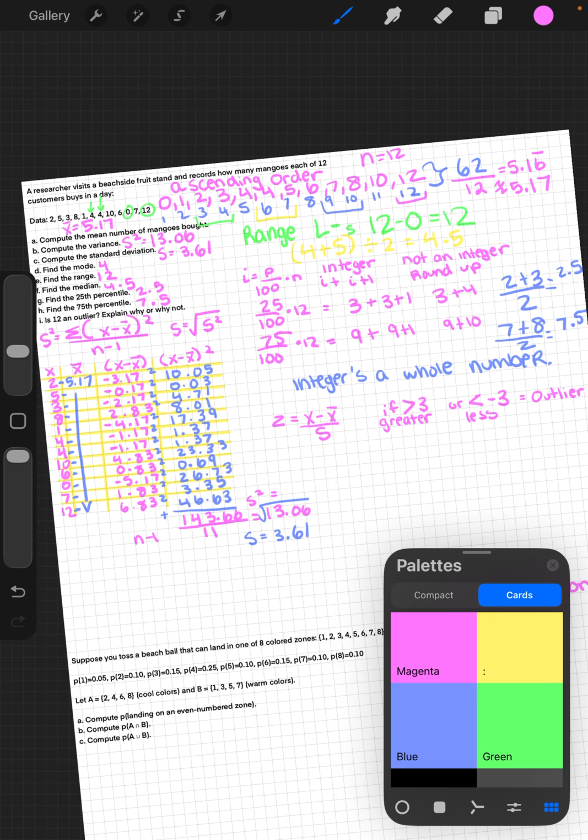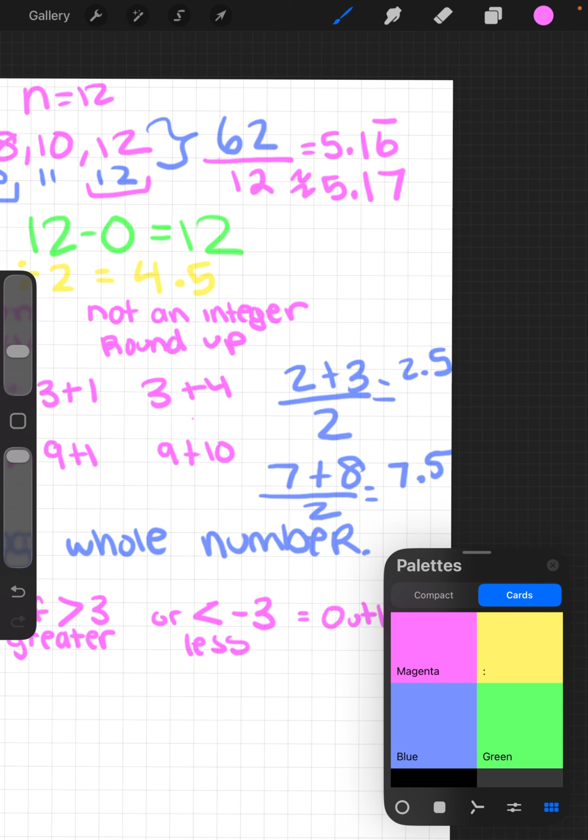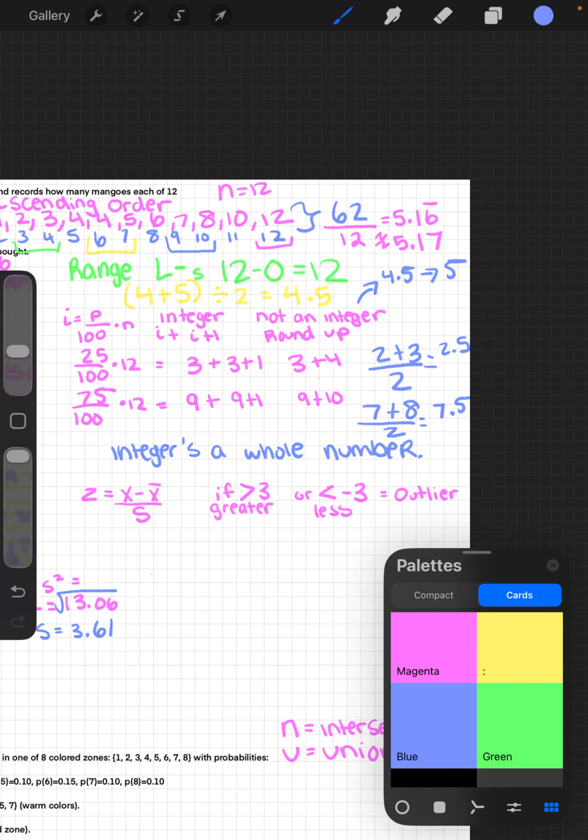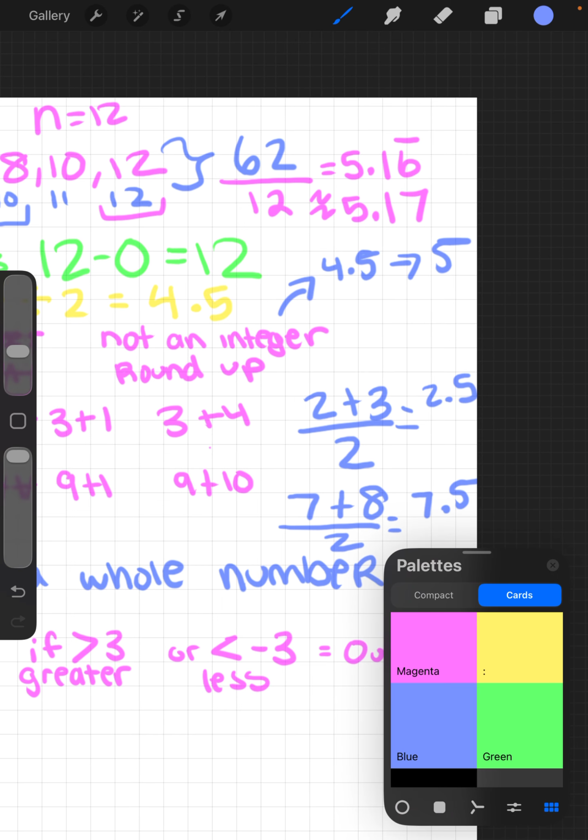And if it wasn't a whole number, not an integer, so let's do a different color. If it was like 4.5, it would turn into a 5. And our fifth one is 4. So 4 would be the percentile.